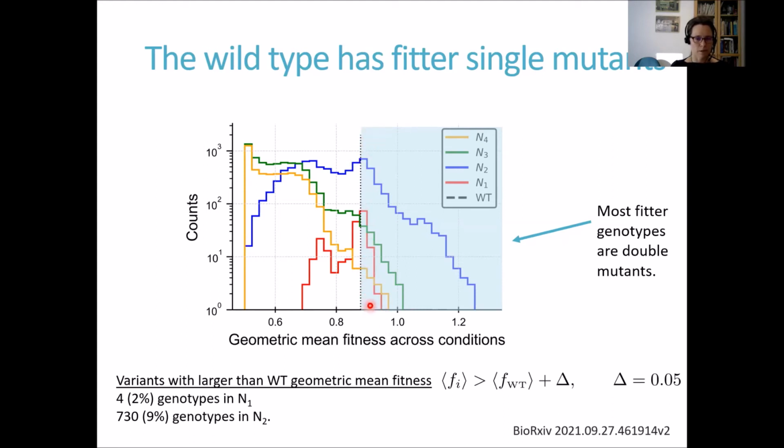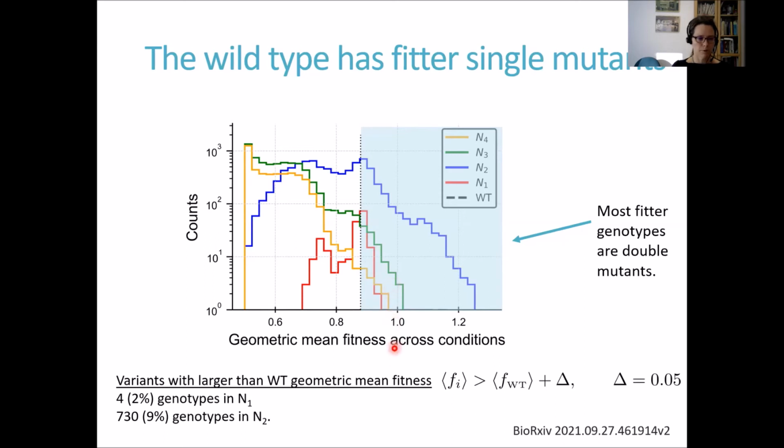So we see that we have fitter than wild type genotypes in all 4 genetic, I call them genetic neighborhoods. So even among the single mutants, there are fitter genotypes. However, most of the fitter than wild type genotypes are double mutants. They are in N2, the blue one.